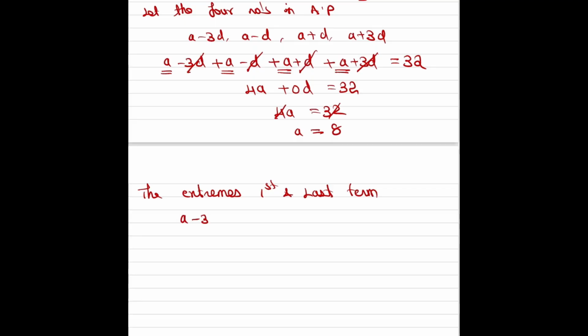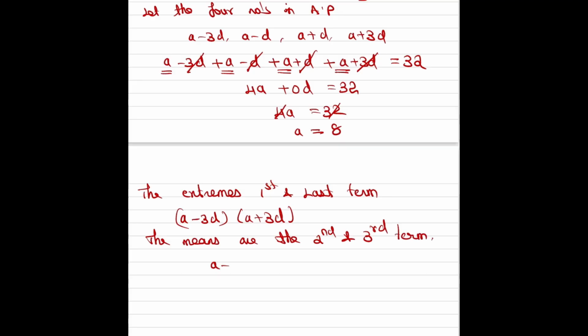A minus 3D and A plus 3D. And the means they said. The means are the second and the third term. So that is A minus D, A plus D.